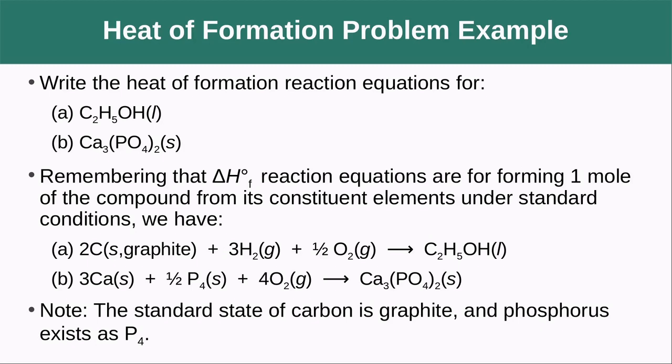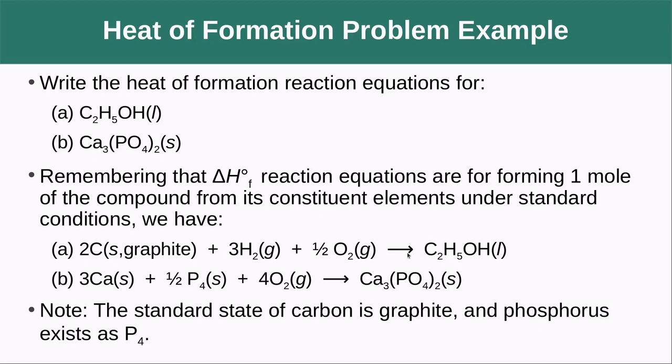So, to produce ethanol, we're going to need 2 moles of solid carbon in the form of graphite, for instance. That's one of the allotropes of carbon, plus 3 molecules of hydrogen gas, plus a half of a molecule of oxygen gas in order to have the stoichiometry correct and have a 1 in front of here.